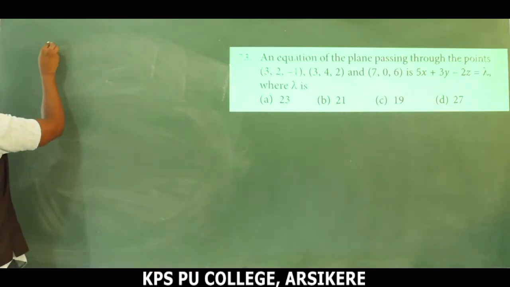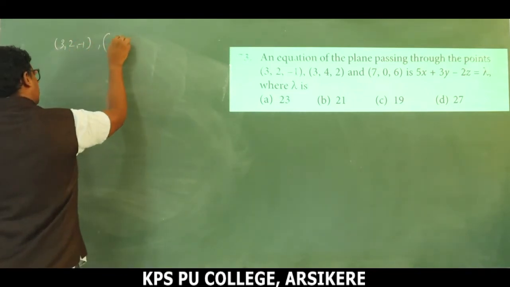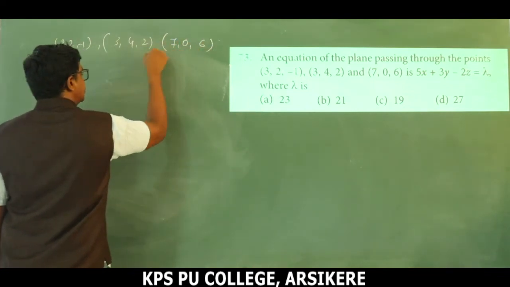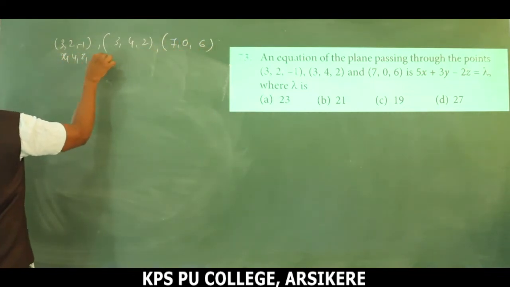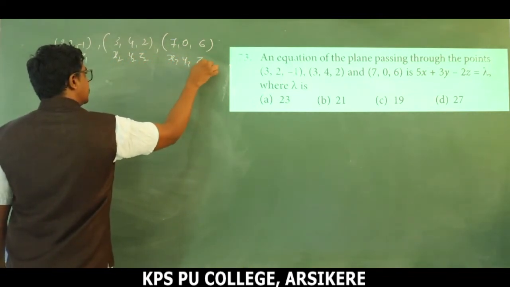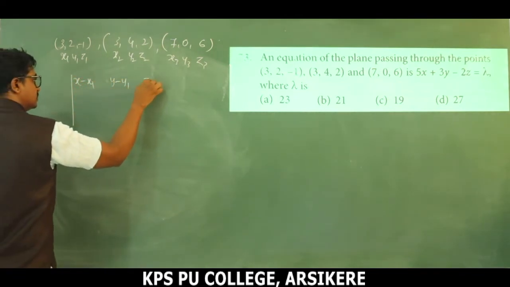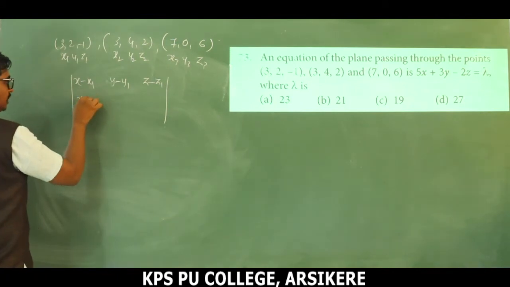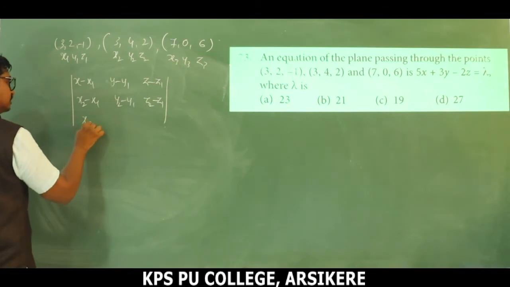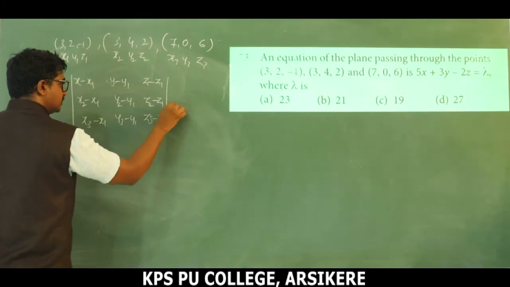So take the given points as x1, y1, z1, this 3, 2, minus 1, the second point 3, 4, 2, and the third point 7, 0, 6.